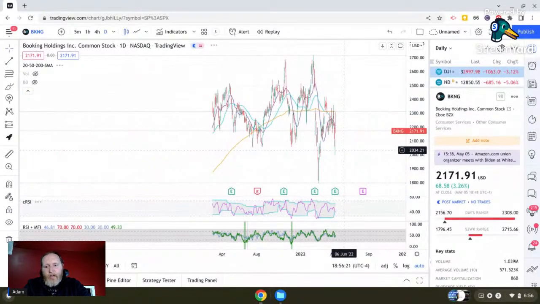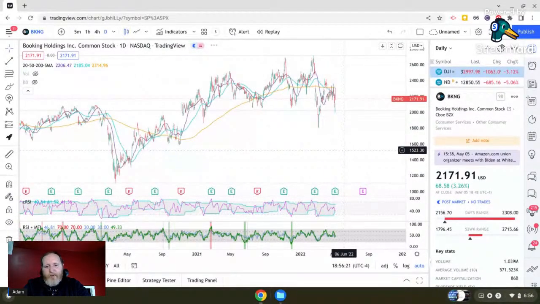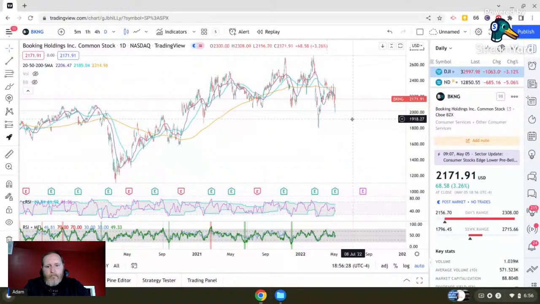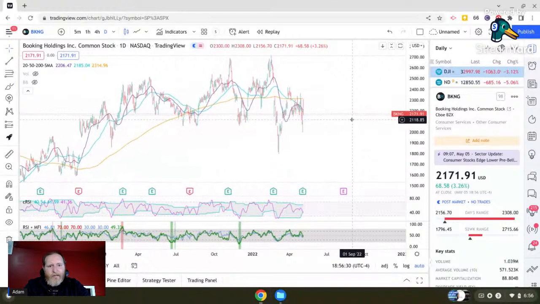In a day where everything was dragged down, they were up 3.3%. How could that be, right? Well, Booking was one of the few positives. For every 1 green on the New York Stock Exchange, there were 8 red. So here's one of the greens, one of the positives for today.